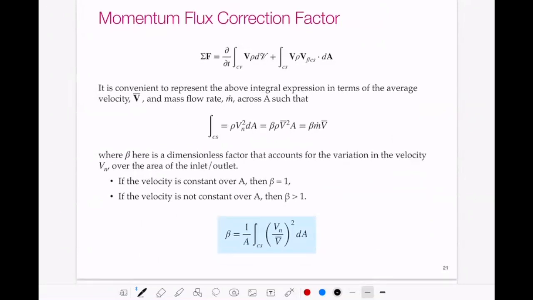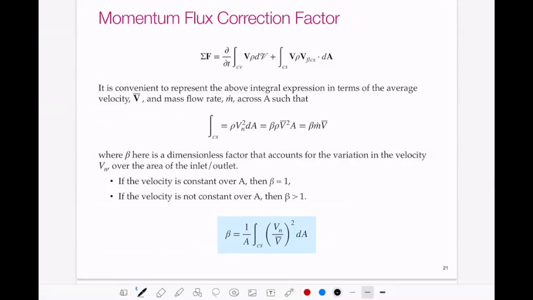So one last thing before we get into some examples, some specific cases, is introducing something called the momentum flux correction factor. So when we talked about our velocities, it's convenient to represent the velocity in terms of the average velocity, we call V bar, and the mass flow rate m dot across some area. So we can use a momentum flux correction factor so that we can use our average velocities if we know some velocity variation over the inlet.